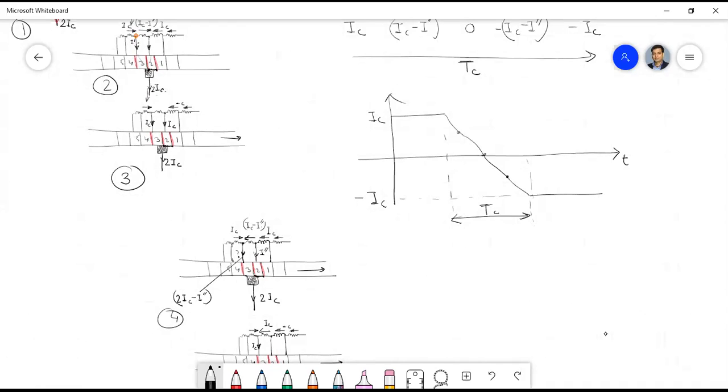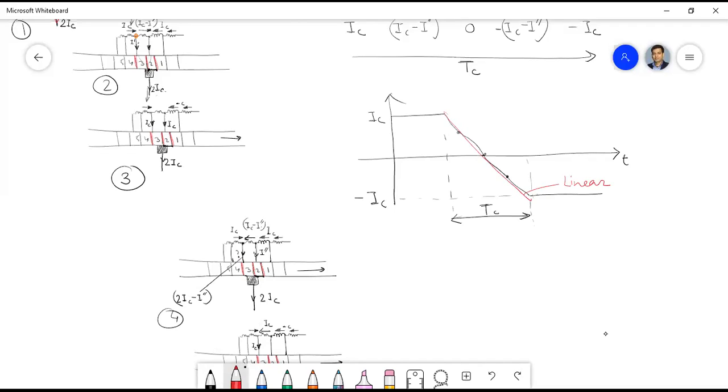Suppose in my figure this change is neither a straight line nor a parabola. If this line is a straight line, then it is called the linear commutation. But in most cases the commutation doesn't remain linear.